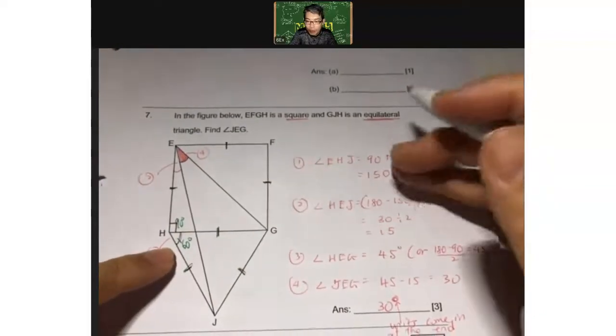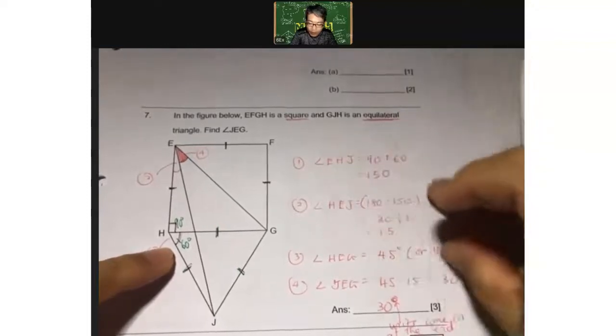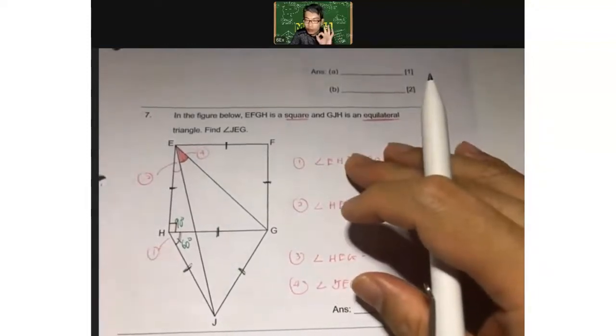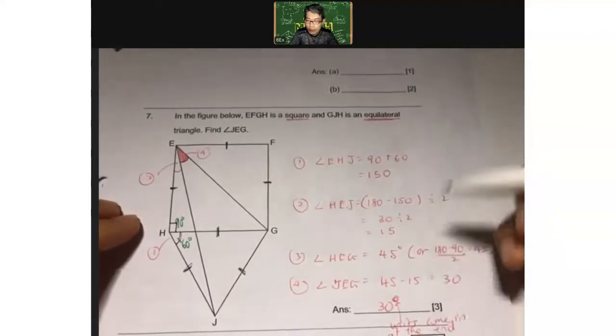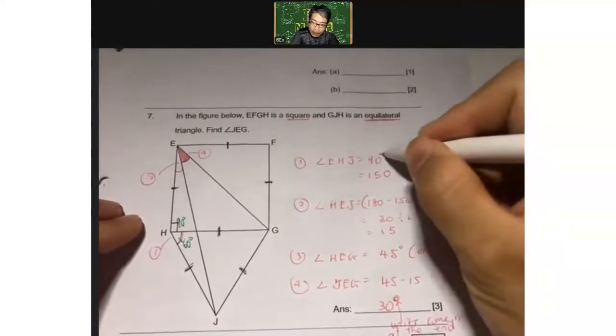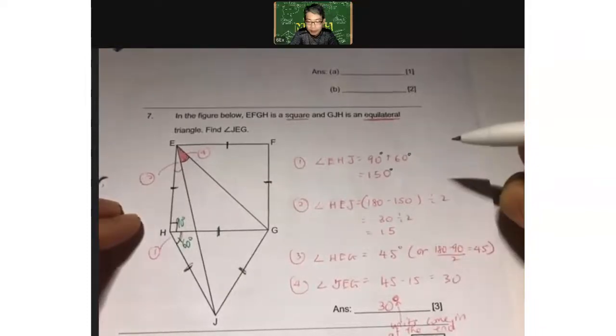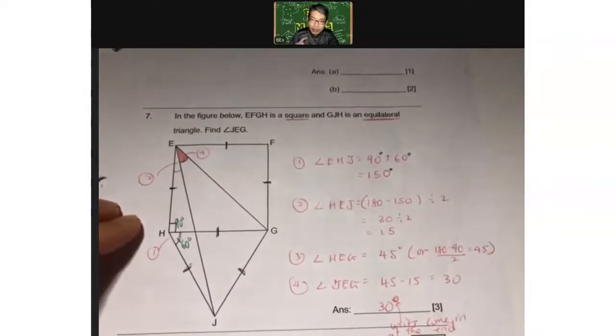Now, typically for working, if you don't write the degrees here, it should be okay, depending on how strict your school is. But your final answer must have it. If you want to be super safe, just add in your degrees along the way. But definitely the correct units must be present in your final answer. Notice this part here, they didn't give you the units.